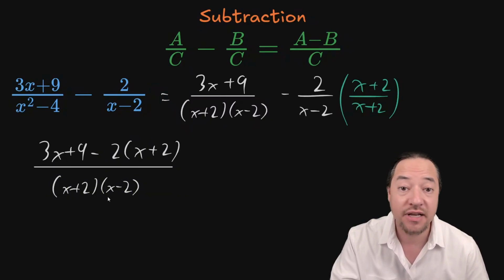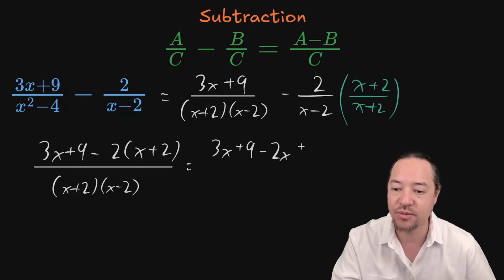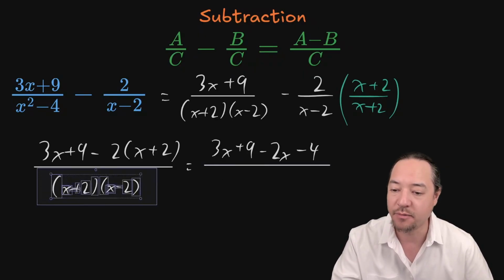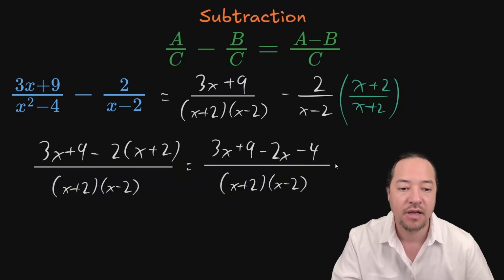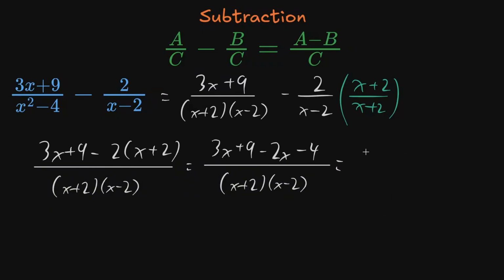Let's group together our like terms. So this is a 3x plus 9 minus a 2x minus a 4, right? All over what we had before. And we can then combine everything together here. 3x minus 2x is just x, plus 9 minus 4 is just plus 5 over this common denominator.